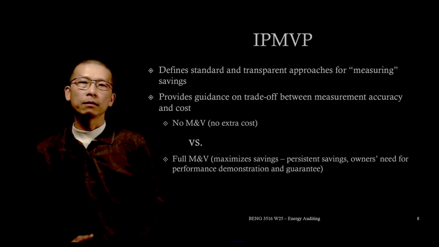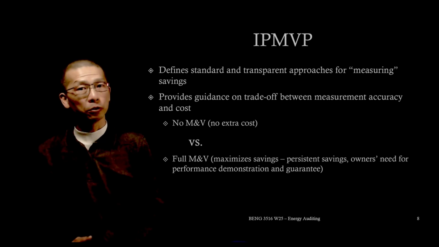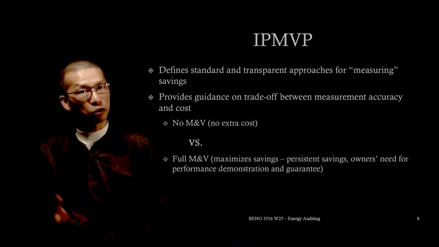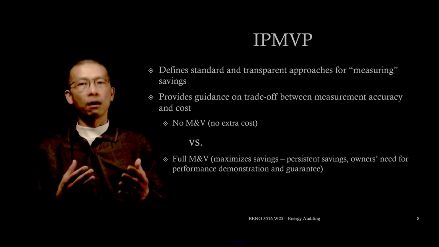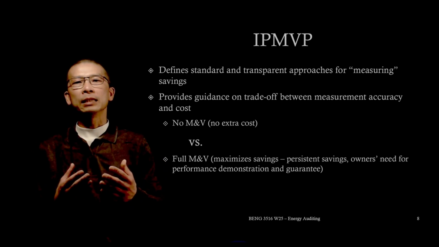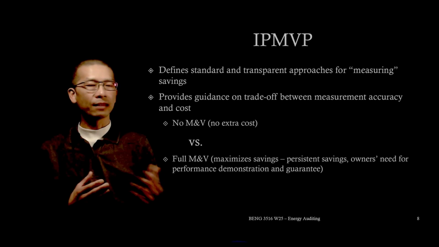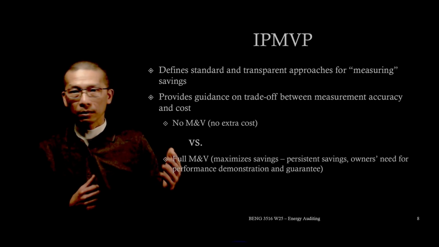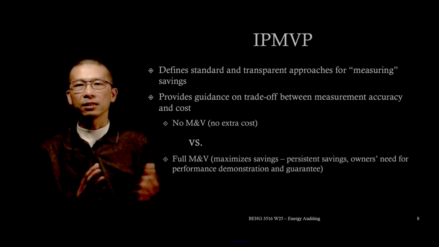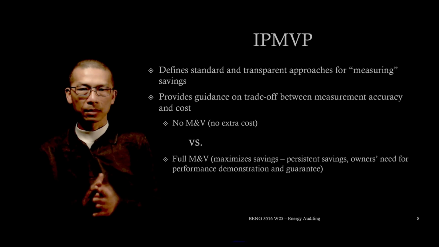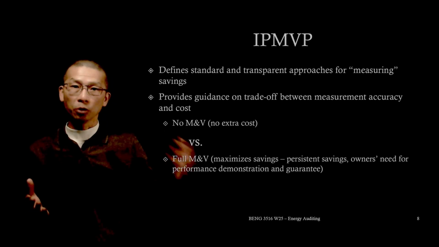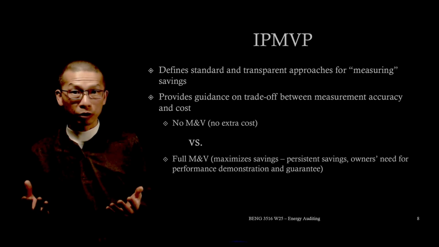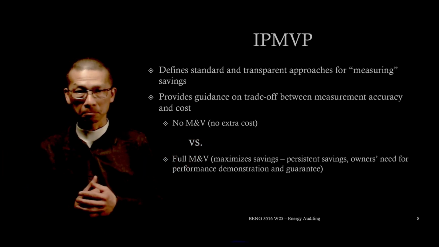Now, when we have a project and we want to do the MMV, the measurement and verification, there's usually a trade-off between cost and accuracy. So balancing the measurement accuracy and cost is very important. MMV involves a trade-off between accuracy and cost. No measurement and verification means no extra cost.